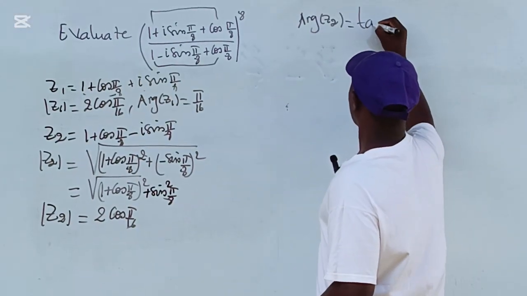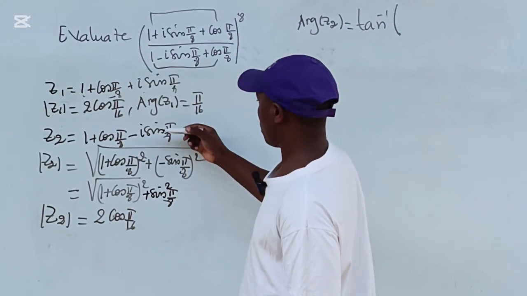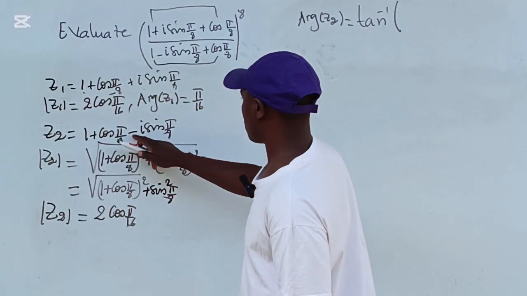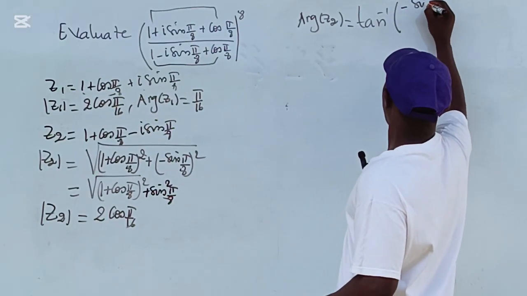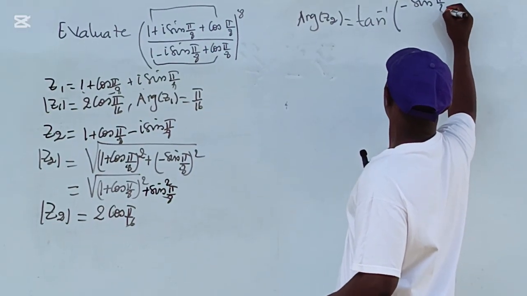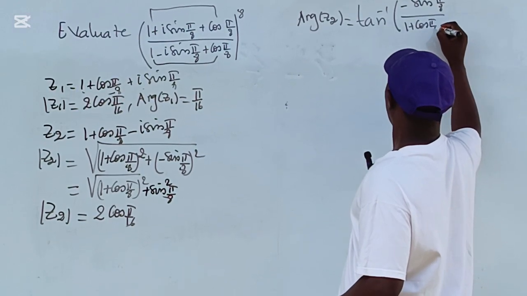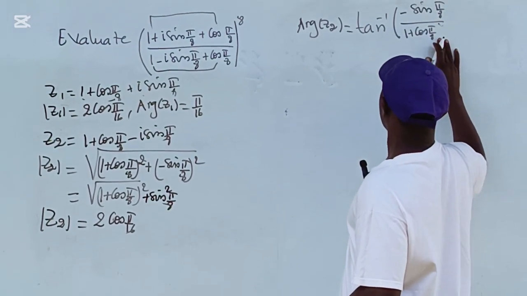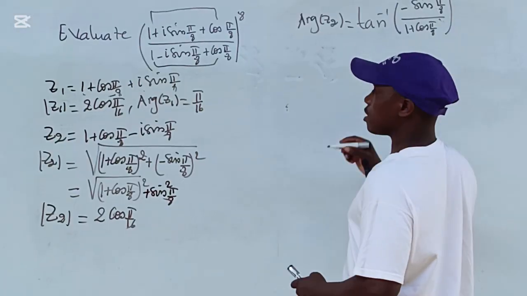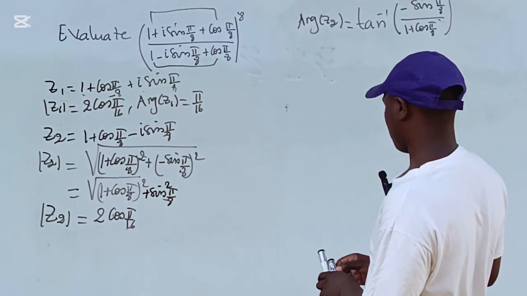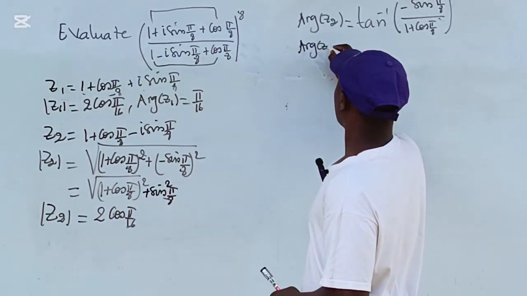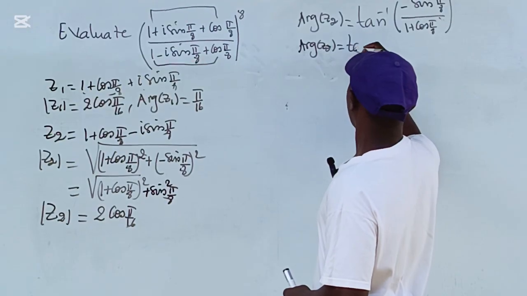This is an inverse tan of, we have this stuff times minus sine pi over 8 over 1 plus cosine pi over 8. The only difference is that here is minus, otherwise it should be the same. Now the argument of z2, this is an inverse tan.